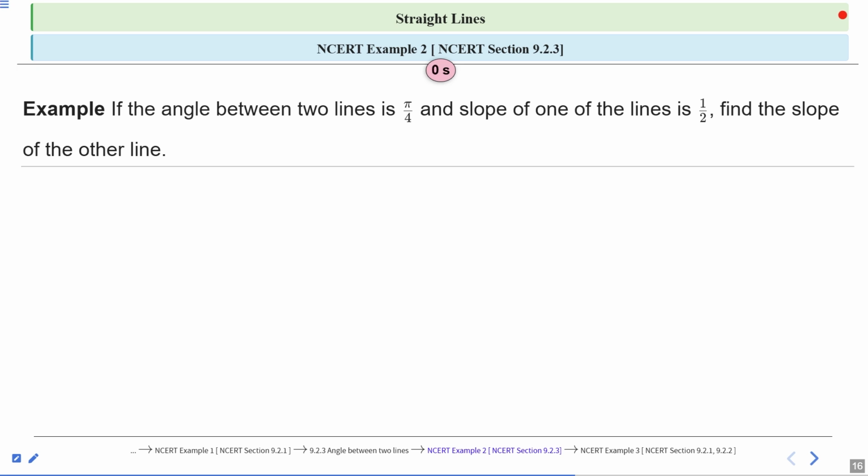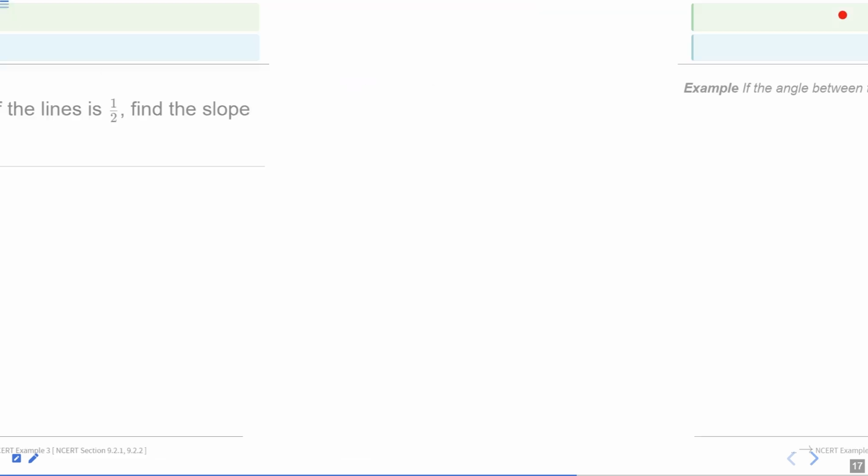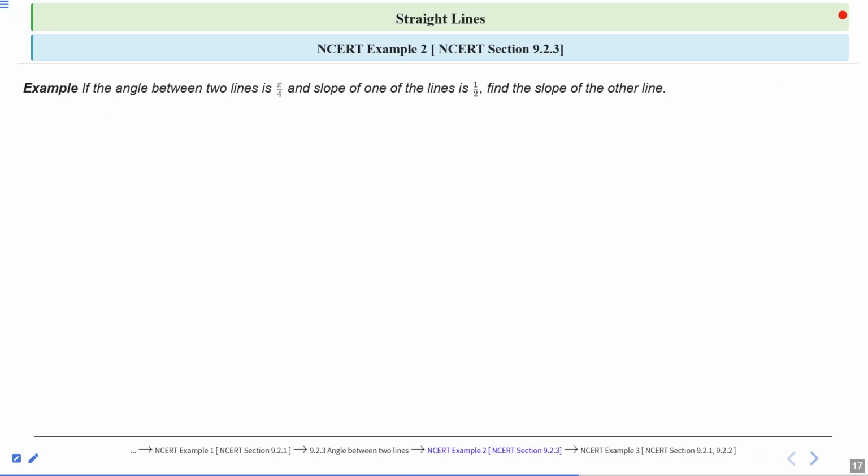Now let us see the solution. If the angle between two lines is pi over 4 and the slope of one of the lines is 1 by 2, then find the slope of the other line.